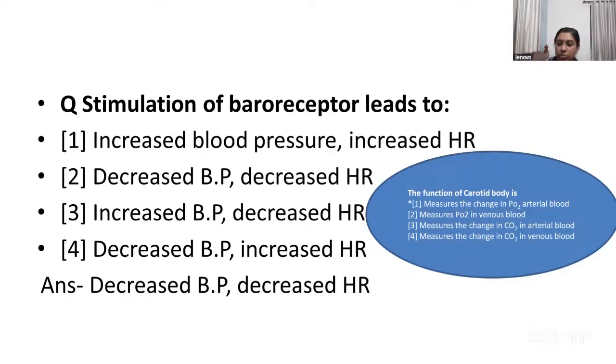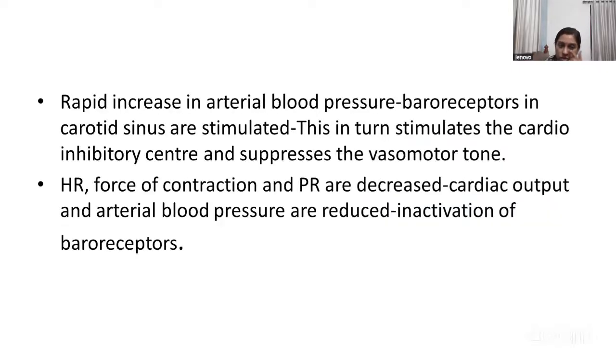The function of carotid body: carotid body is a chemoreceptor. It measures the change in partial pressure of oxygen in the arterial blood. If that is low, it will try to increase the blood pressure. With a rapid increase in the arterial blood pressure, the baroreceptors in the carotid sinus are stimulated.